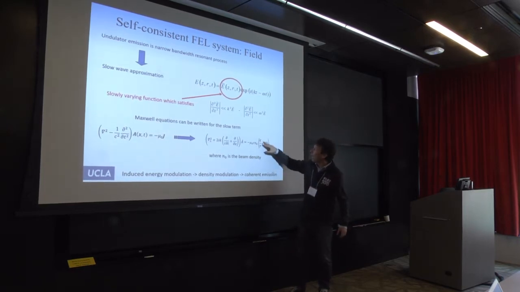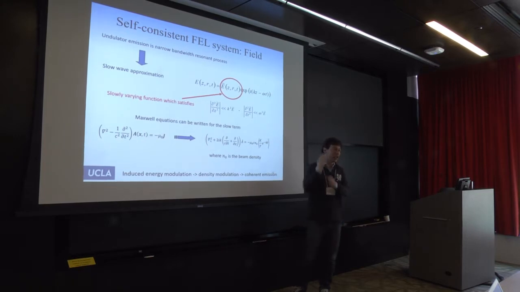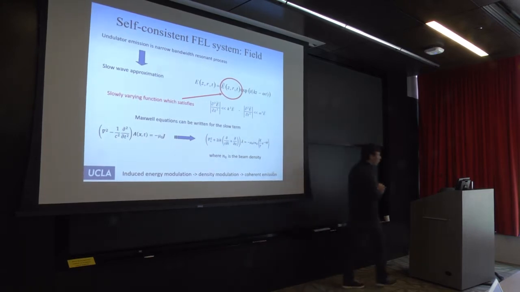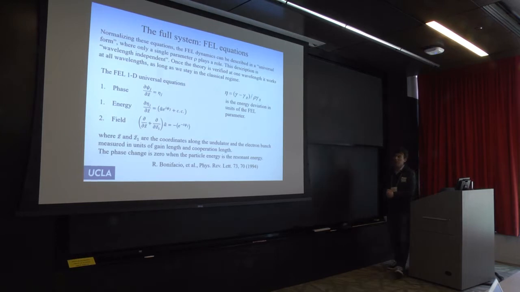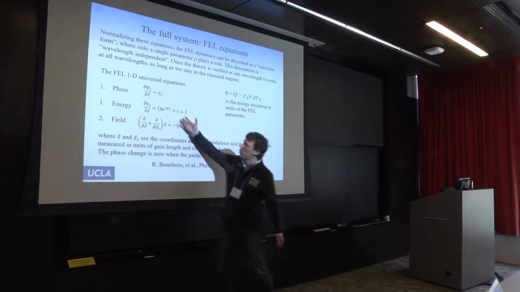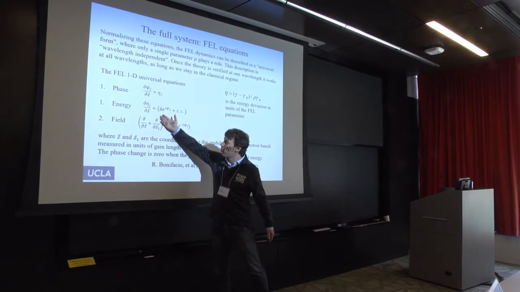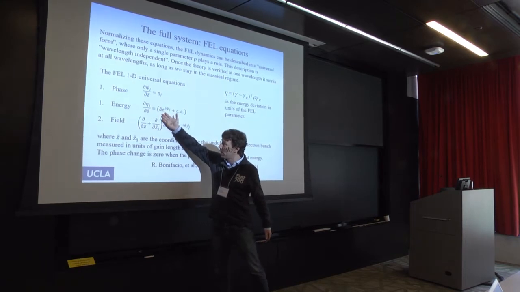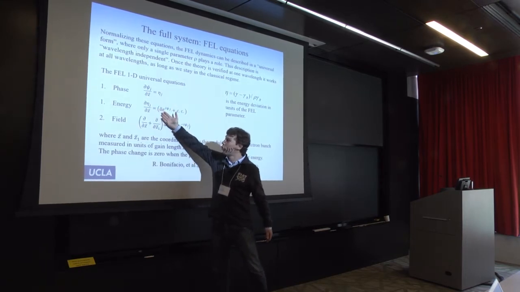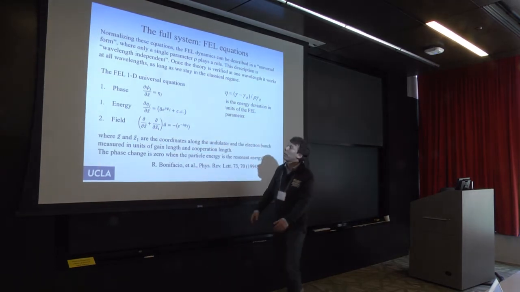It also depends on the velocity, and on how much the particles are bunched at that particular phase. So this is the second step. The last step is how the bunching affects the generation of the electromagnetic field. So if you put all of this together, you have three equations: the evolution of the phase, the evolution of the energy, and the evolution of the field.